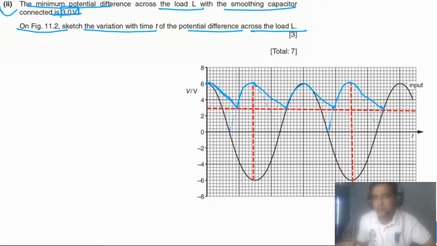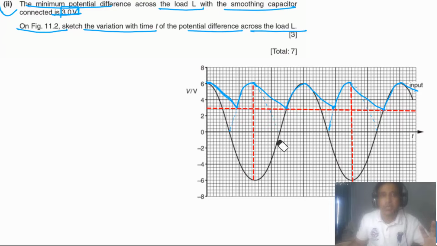So the last one we can draw again, because this is not good looking, so we can draw it in a nicer way. So this will discharge to 3.0 volts, and again this will charge, and again discharge, like this. So this is how you need to draw. But in the exam what you need to draw is simply this blue one.